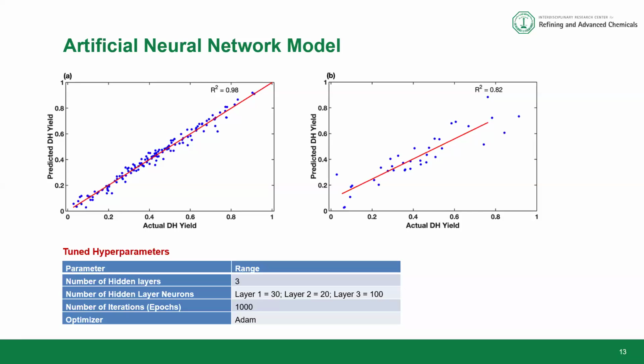Like I mentioned earlier, these hyperparameters are the number of hidden layers, the number of neurons in each layer, the number of iterations, and the optimizer. We have ranges for the layers, the neurons and the iterations. After the parameters have been tuned continuously, we obtained these values as the optimum hyperparameters, and this is what we used in training the model.